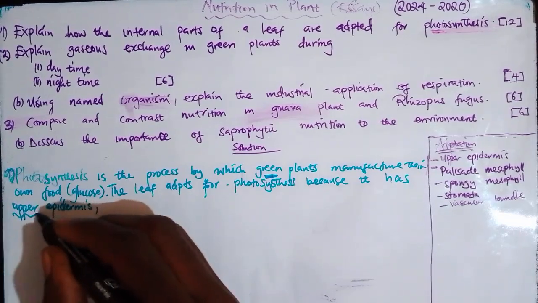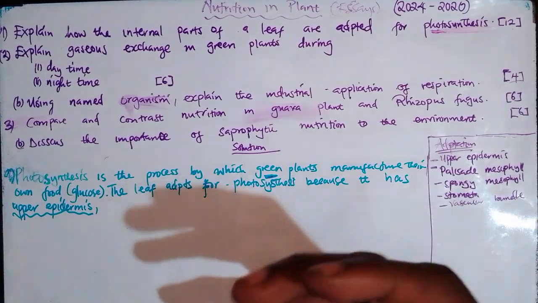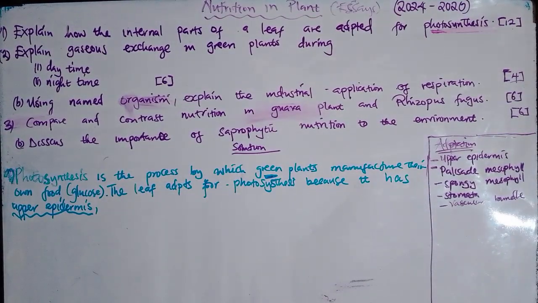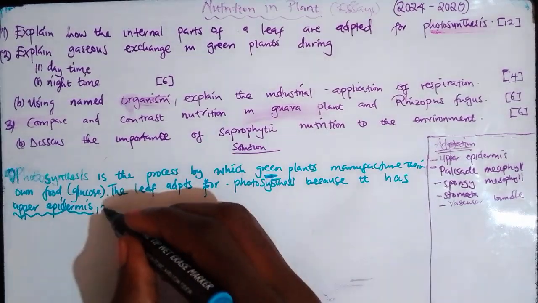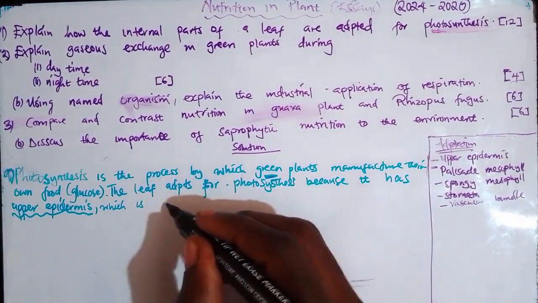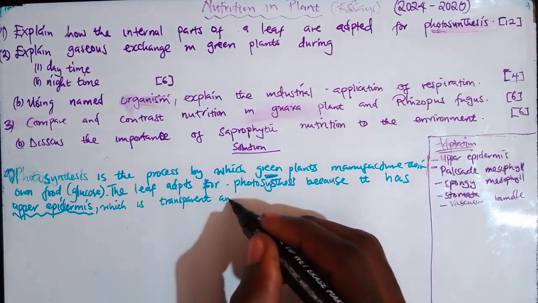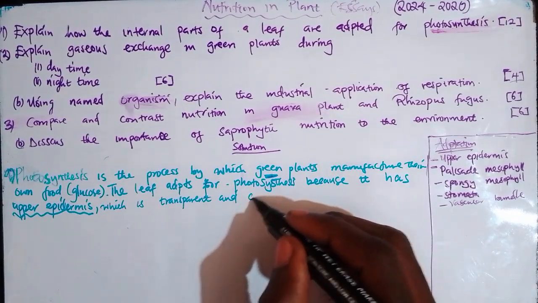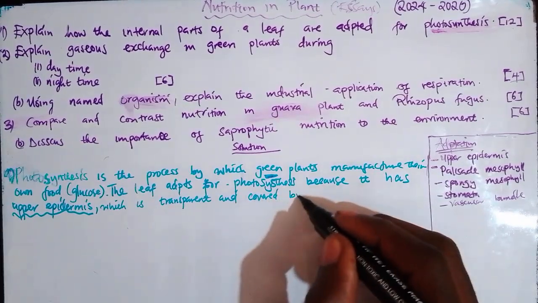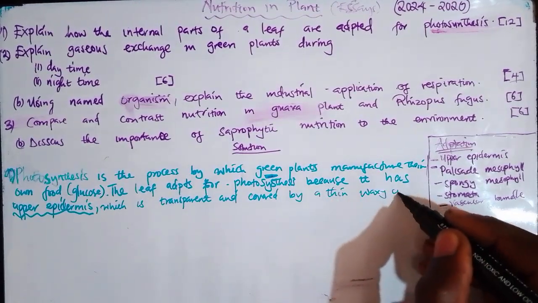Once you write upper epidermis, now write what happens to the upper epidermis for it to perform photosynthesis. So you say it has the upper epidermis, which is transparent and covered by a thin waxy cuticle.